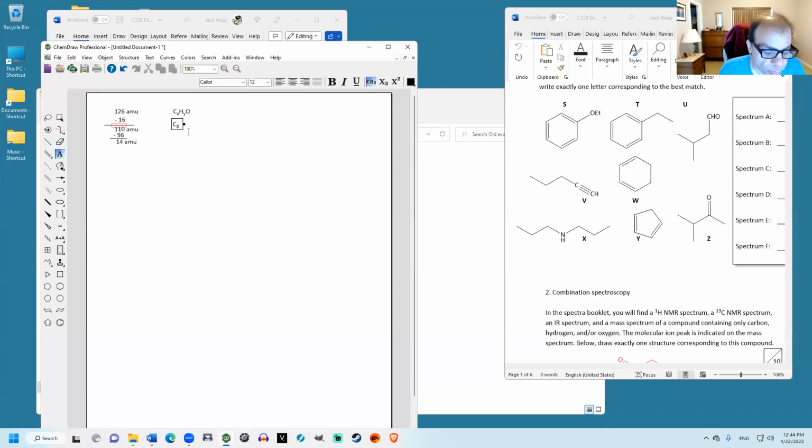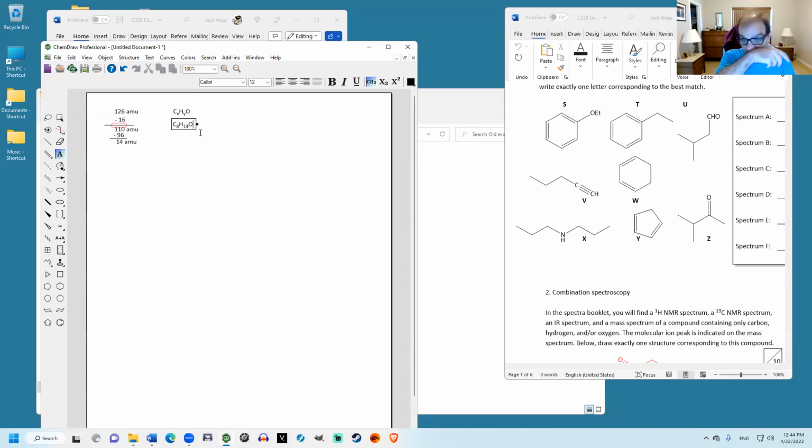In other words, we're looking at a formula of C8H14O, and that's a very sensible molecular formula. It has 2 degrees of unsaturation. If it were fully saturated, it would be C8H18O, but it's C8H14O. That means the index of hydrogen deficiency is 2. There's 2 rings or pi bonds. Good. So we have a working theory for our molecular formula.